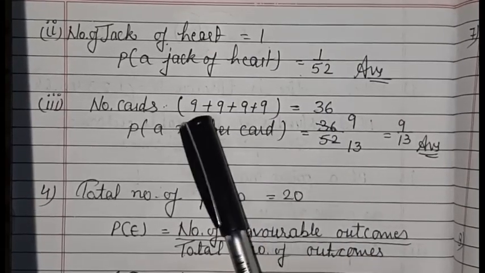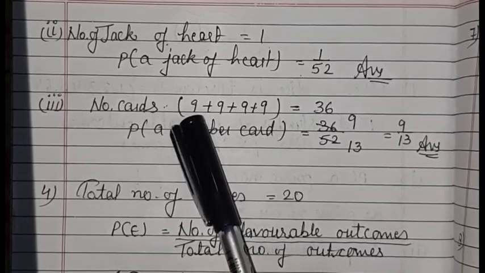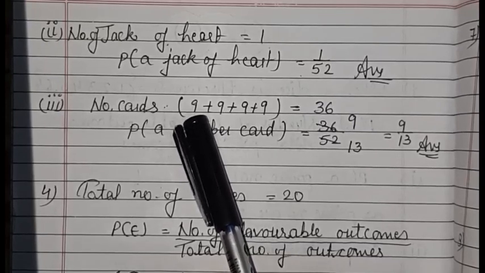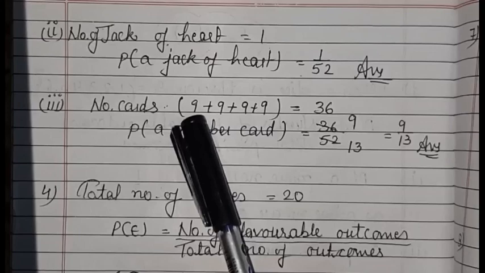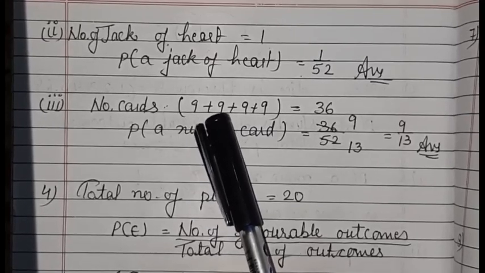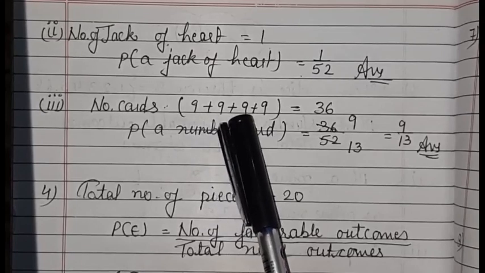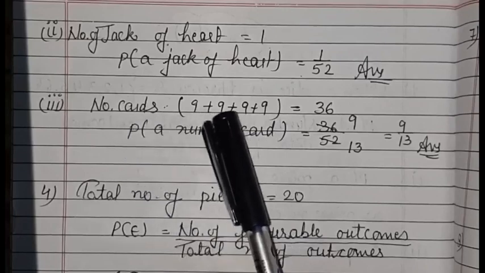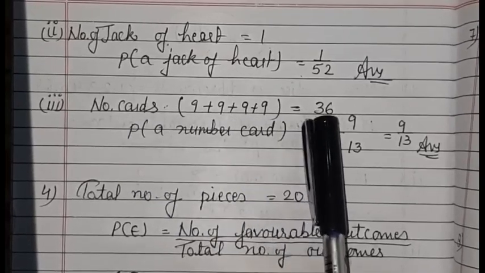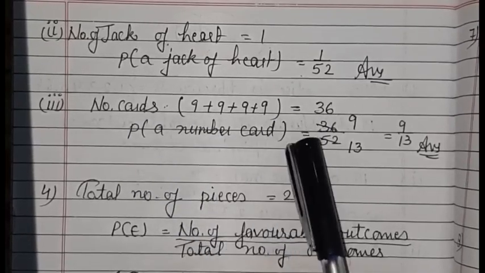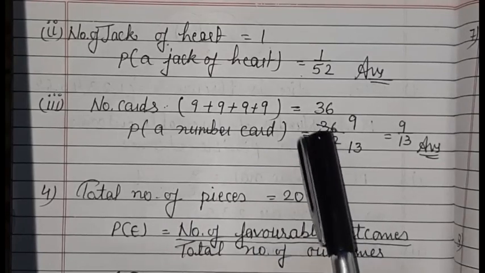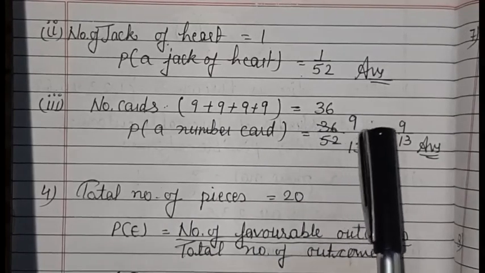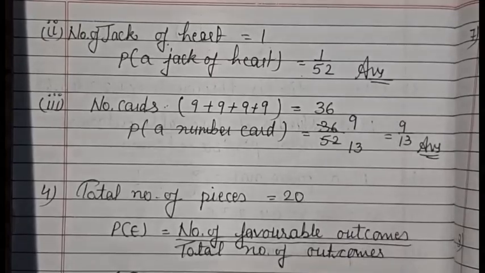There are 9 cards having numbers in each suit: spade, club, diamond, heart. So the total number of number cards will be 36. So the probability of a number card is equal to 36 by 52. When we convert into simplest form, it is coming 9 by 13.